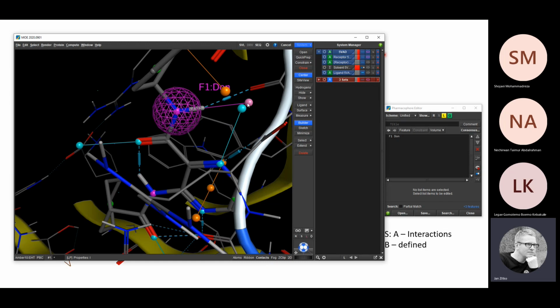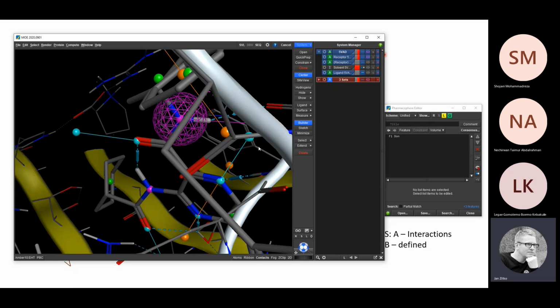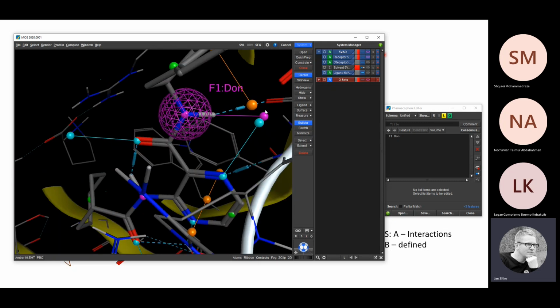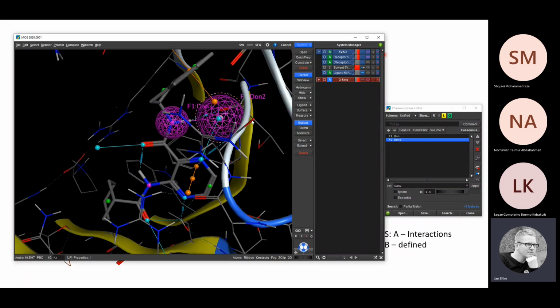In an ideal situation, for the most convenient energy of the interaction, the H-bond acceptor atom of the protein should be here. In real life, it's a little bit shifted away, but still it will be a good interaction. So if I want to define not only the point but also the direction, I just click here and click feature again. And now I have this feature defined not only by the position, but also by the direction from which I'm expecting the interaction. So this is the donor feature.